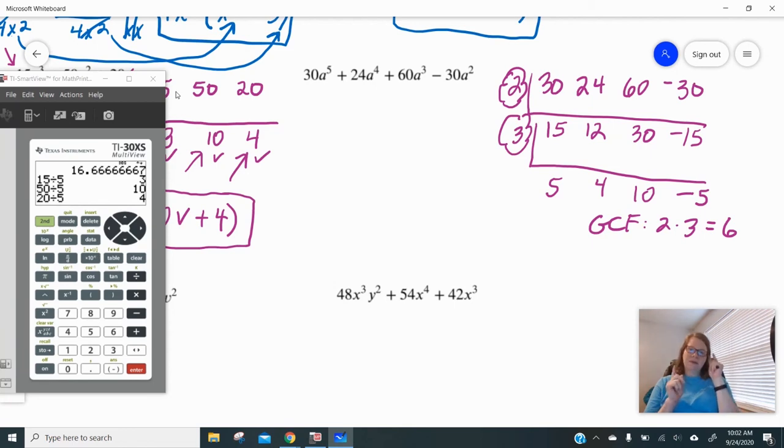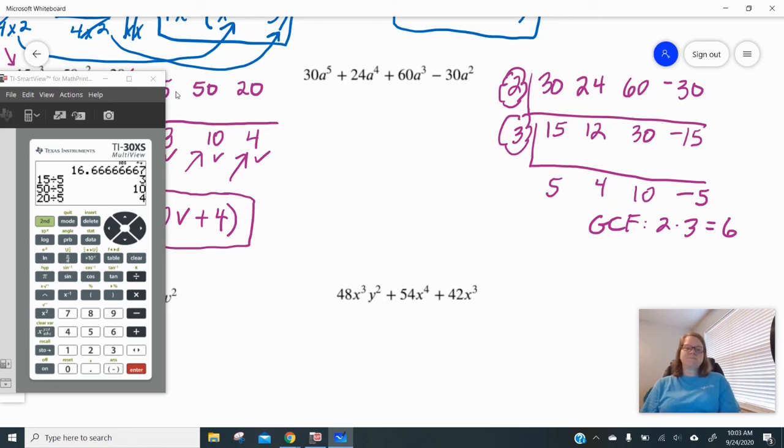Like, oh, let me try this number. Let me try this. Well, does it work for this other one? I don't know. Let me try that one. These are fairly small numbers, even though they're a lot bigger than 2, 3, 4, 5. Relatively, they're small compared to a lot of the numbers that you're likely to see. So this works every time to find the GCF.